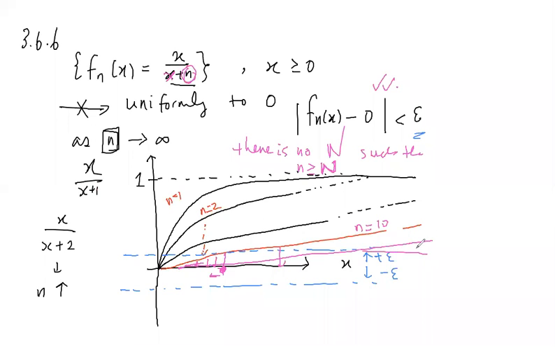So it will definitely go outside of your epsilon sooner or later. So you don't have uniform convergence in this situation, right? This is the intuitive argument that you can give using a graphical argument, right?